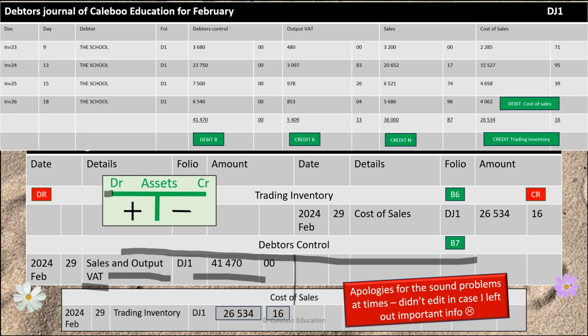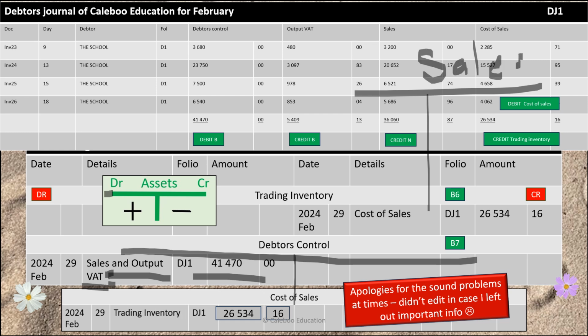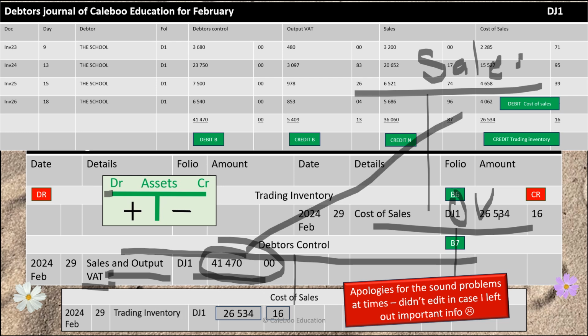There were two contra accounts, sales and output VAT. And I'm going to scribble on here quickly, but it's important. Sales, and I've got another T account, output VAT. Debtors control was debited with 41,470. Now, sales is going to be credited, and so is output VAT.